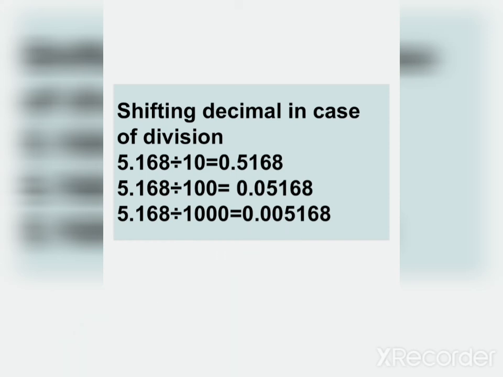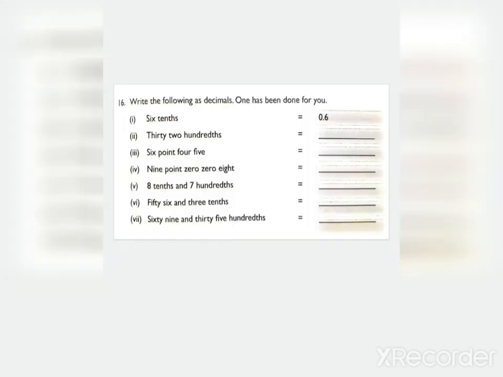So in this way you can easily divide or multiply decimal numbers by powers of 10. Only two things you have to keep in mind: the direction of shifting in multiplication and division.